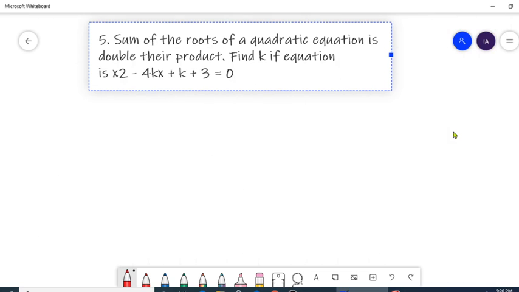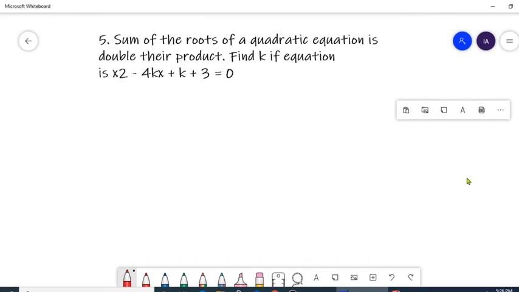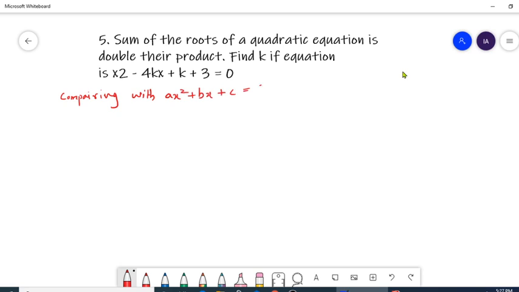Here we have our question. Sum of the roots of a quadratic equation is double their product. Find k if the equation is x square minus 4kx plus k plus 3. So first we will compare this equation with its standard form, ax square plus bx plus c is 0.